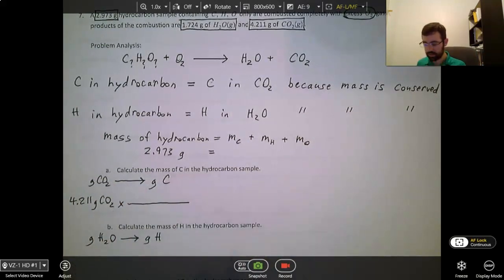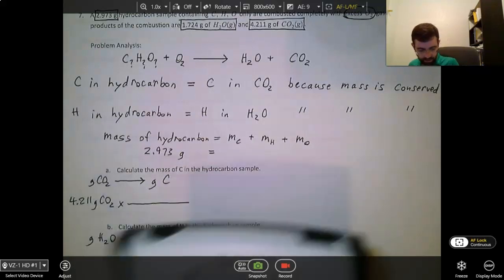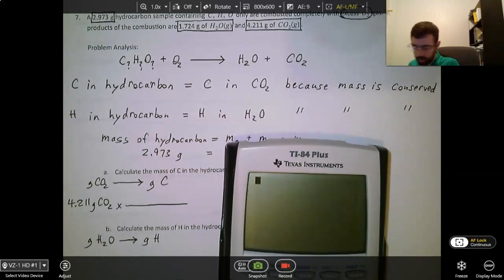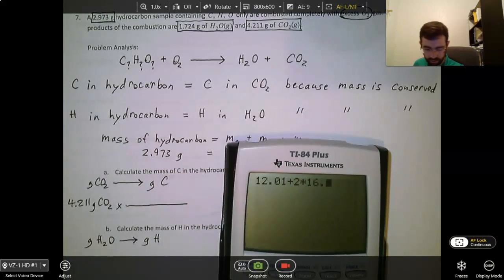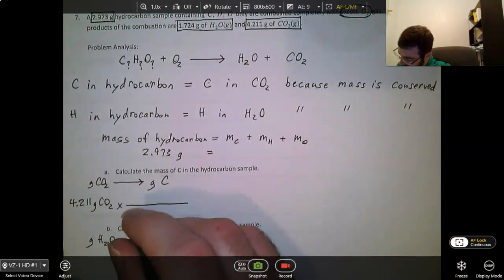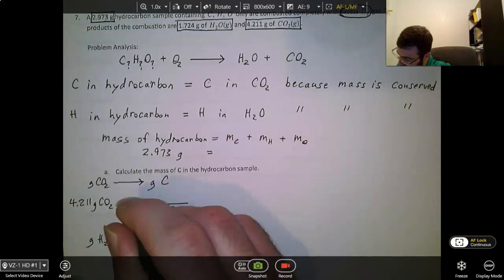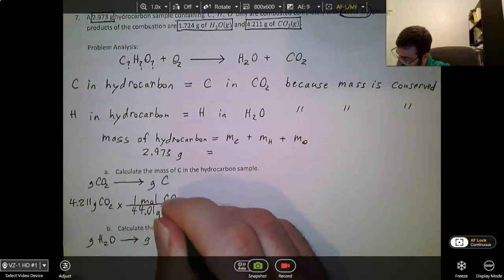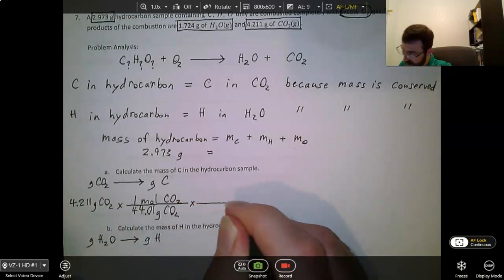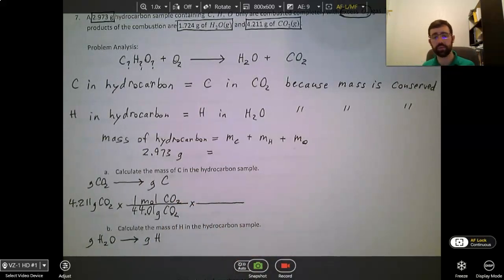We know the molar mass of carbon dioxide. I can find that by putting the mass of carbon, which is 12.01, on this periodic table, plus 2 times 16.00. I get 44.01 grams of CO2. That gives me 1 mole of CO2. I want to know how many grams of carbon there are.